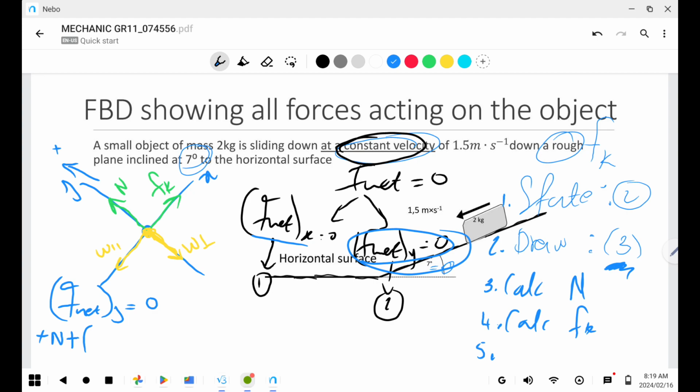Along the y direction, my focus is on the y direction. I have the normal and I have the perpendicular component. So there's the perpendicular component, but it's in the negative direction. Those will give me 0 if I add them together. So we have the normal minus the perpendicular component, because positive times negative is negative. I should get a value of 0.